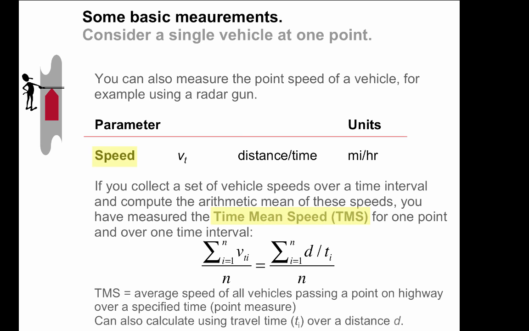So speed, of course, I remember from elementary school, learning that rate times time equals distance. Speed we'll abbreviate with the letter V, and speed is just the distance traveled divided by time. And here in the US, we usually abbreviate that in miles per hour.